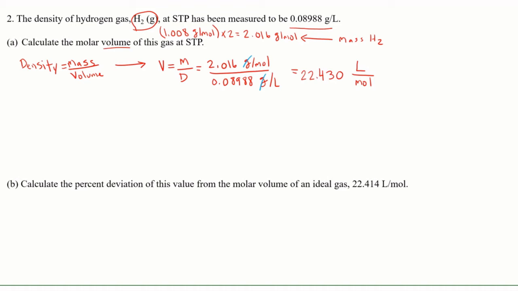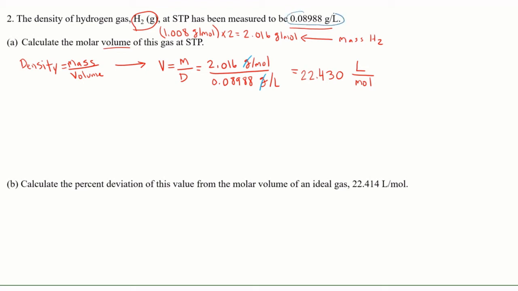The second method we can use, let me do this in a blue pen. I don't have to remember the equation, but if I keep my units constant and I cancel out what I don't need, then I'm able to arrive at the same answer using a different approach. Now, if we look at the problem, I'm given the density.